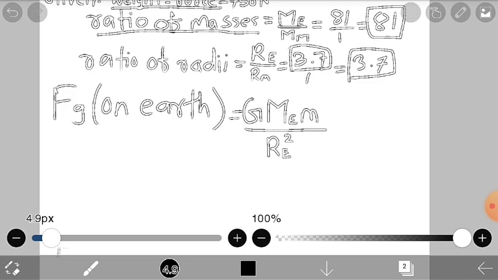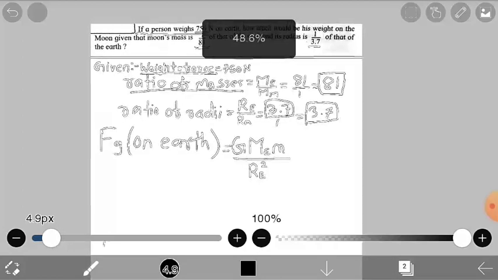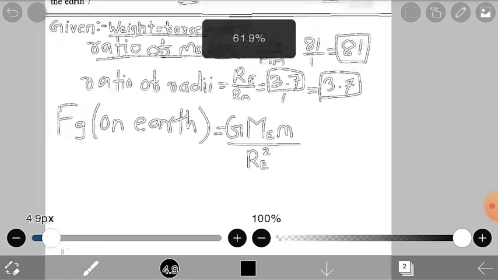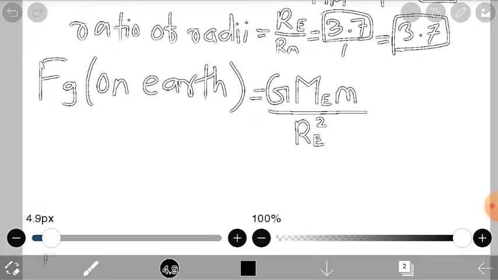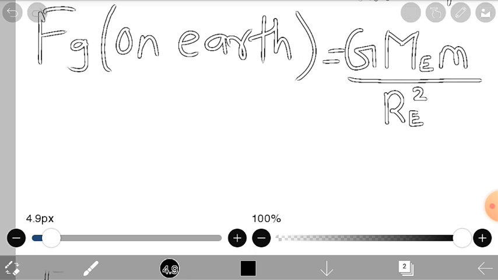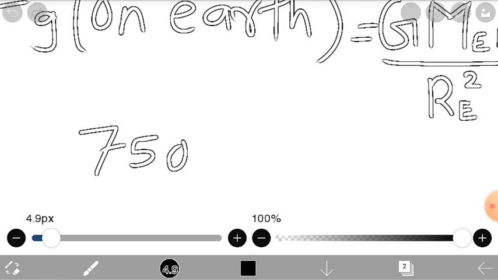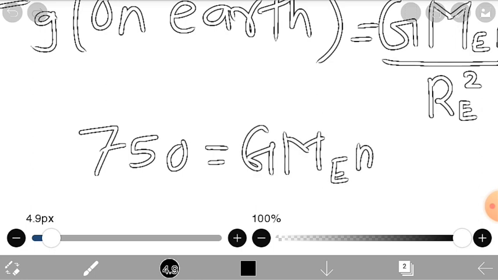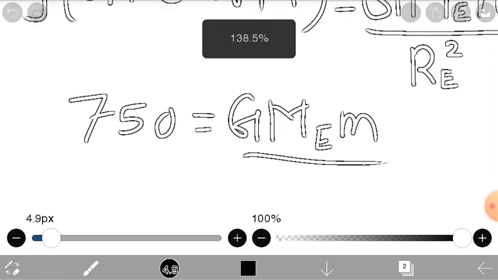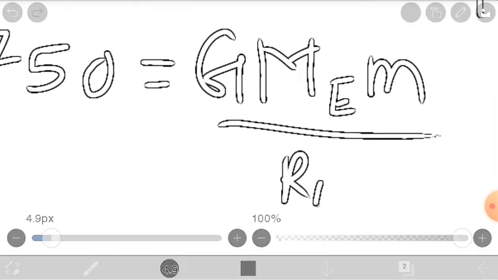So this is the gravitational force acting on the body or acting on this person, mentioned person here, which is equal to 750 newtons. So 750 newton equals G into mass of earth into mass of person upon radius of earth square.